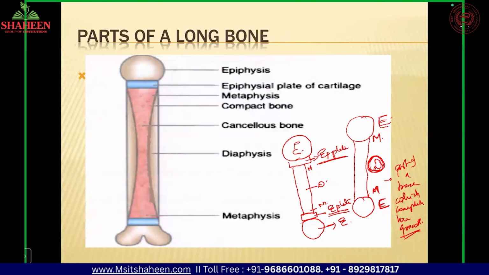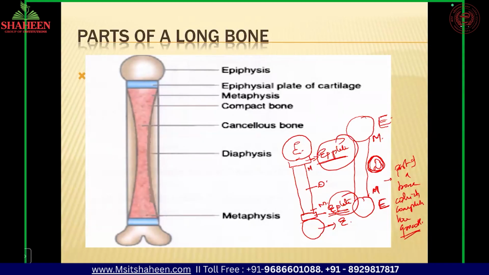In the epiphyseal plate, cells undergo multiplication and that helps in the growth of the bone lengthwise. Once the growth is completed, the epiphyseal plate will be degenerated. So the epiphyseal plate will not be seen in adult bones. Commonly it is seen in the bones of children, which are undergoing growth.